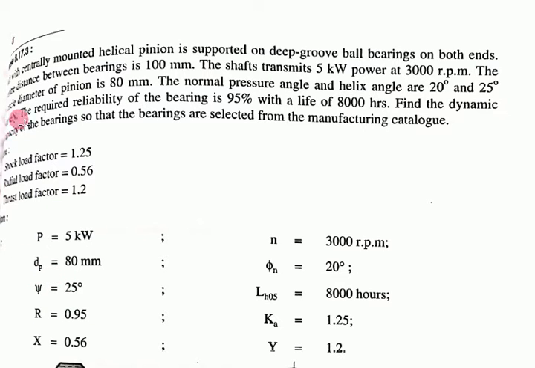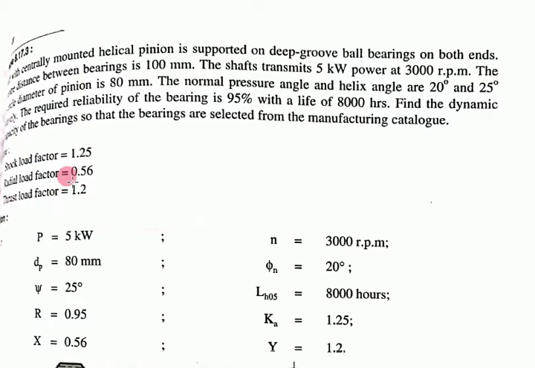Now the required reliability of the bearing is 95% with the life of 8000 hours. So here reliability is given, that is 0.95, and life in hours L_H5 is 8000 hours. Find the dynamic load capacity of the bearing so that the bearing can be selected from the manufacturer's catalog.